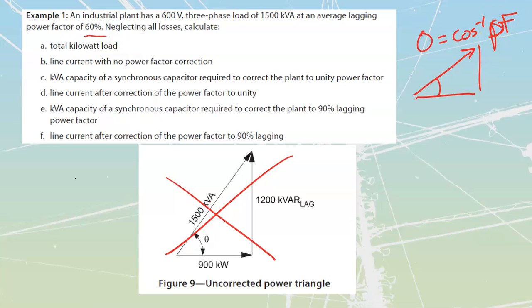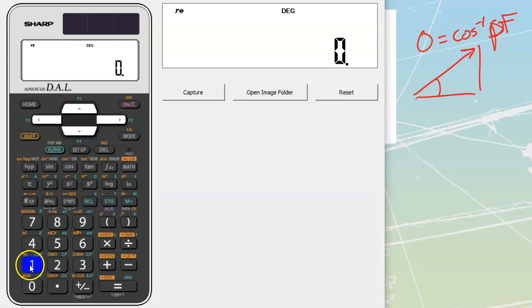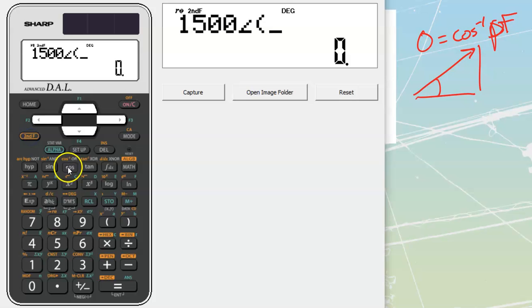Let's go ahead and do that. I'm going to first put myself into the proper polar mode. I'm in polar mode right now. 1500, angle, inverse cosine.